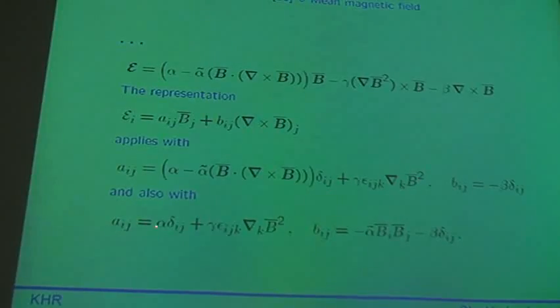But you can also say it is the original alpha delta ij, and you can put this term into the coefficient which describes the mean field conductivity. So it is no longer a unique relation.